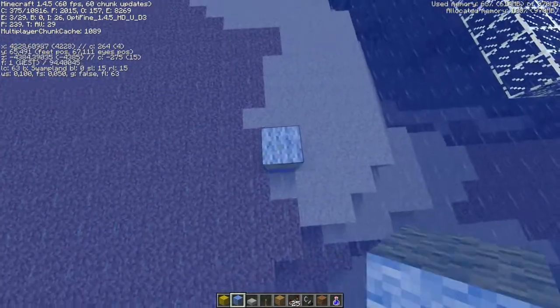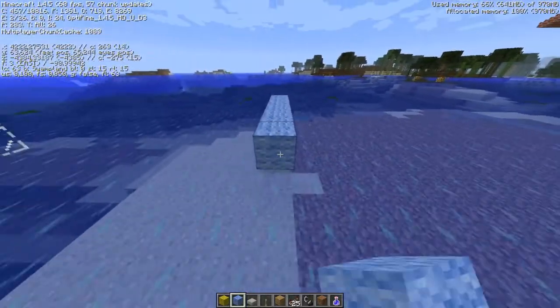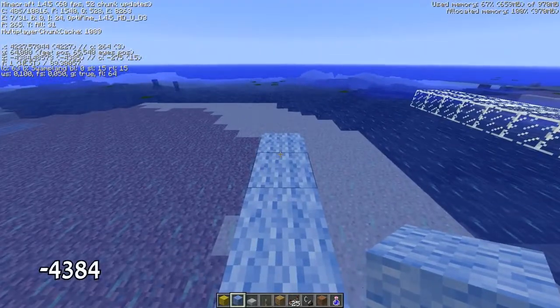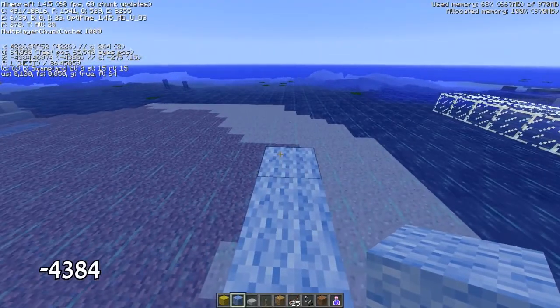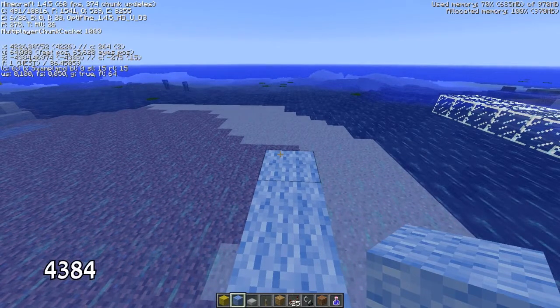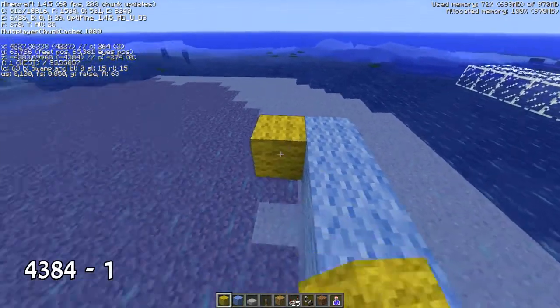Yep. So let's draw our blue line here again so we can see that better. Now let's ignore that this is a negative number, and we just take the 4,384 minus 1. That is going to be over here.